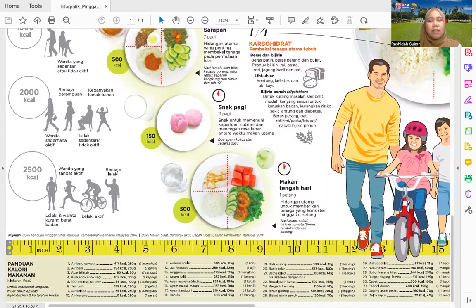And then we eat at lunch break. This is a very healthy lunch, at 1 p.m., lunchtime. Warm plain water. You have a quarter of carbohydrate because Malaysians like to eat rice. Rice is our main carb, so they cannot live without rice. You can still eat rice.